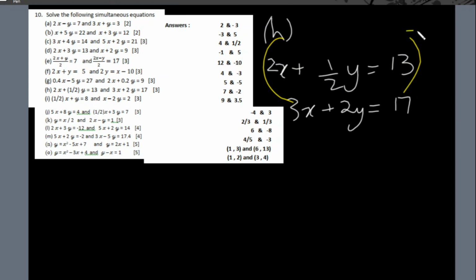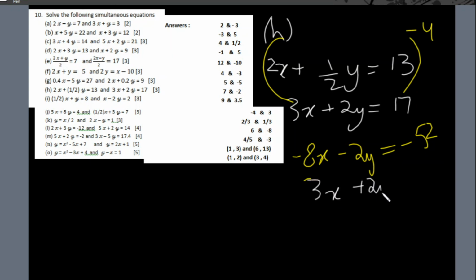So how about multiplying it by minus 4? So this becomes minus 8x minus 2y equals 13 times 4 is 52, minus 52. And then the second equation remains the same, 3x plus 2y equals 17. Rest please do on your own. Eliminate y and then get x, and then put it back in any one of the equations and get y as well.